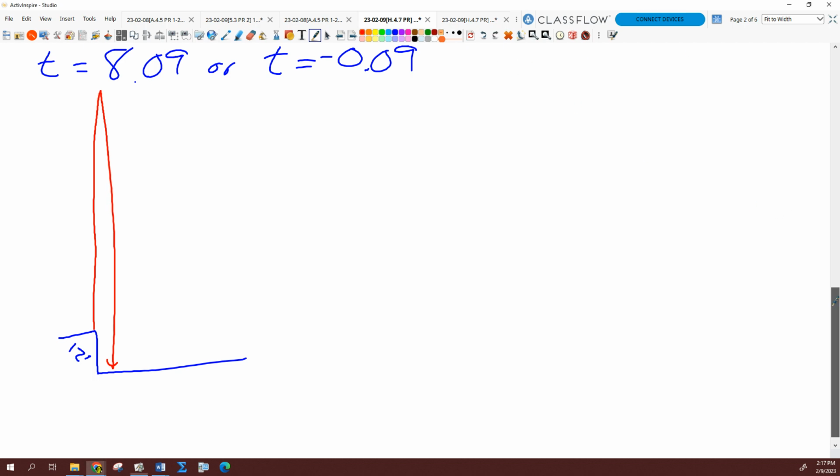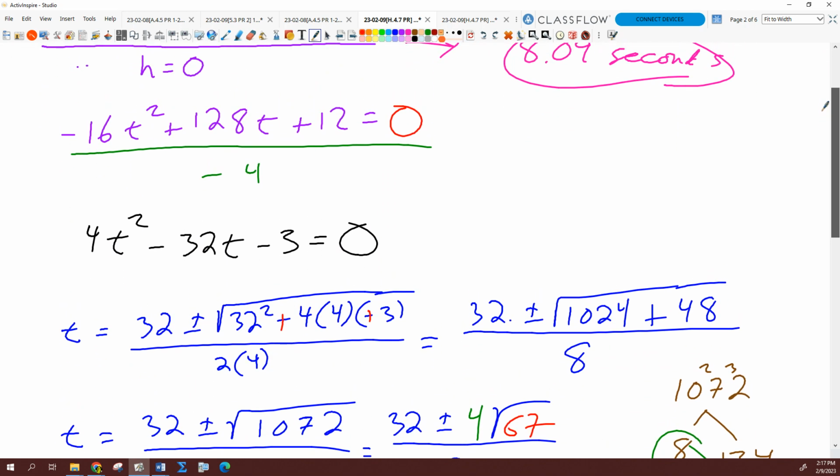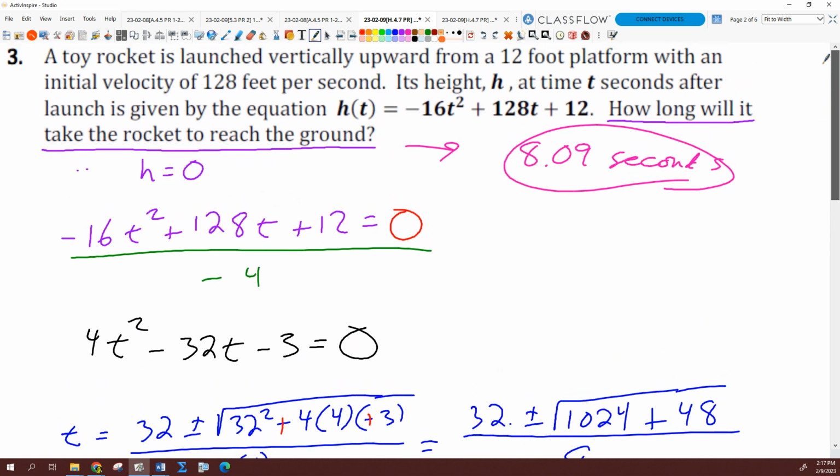So what's our? Okay, so there's our original function. Let's graph this guy.